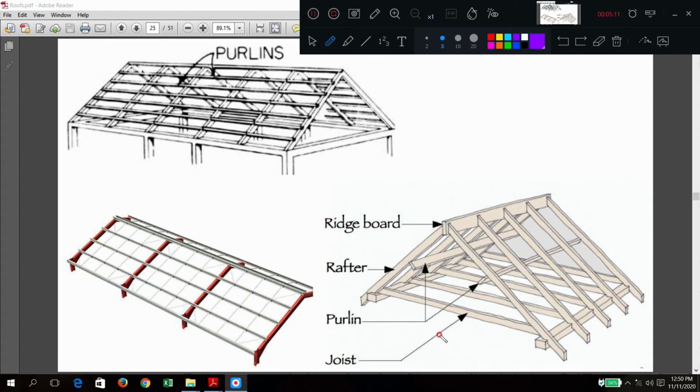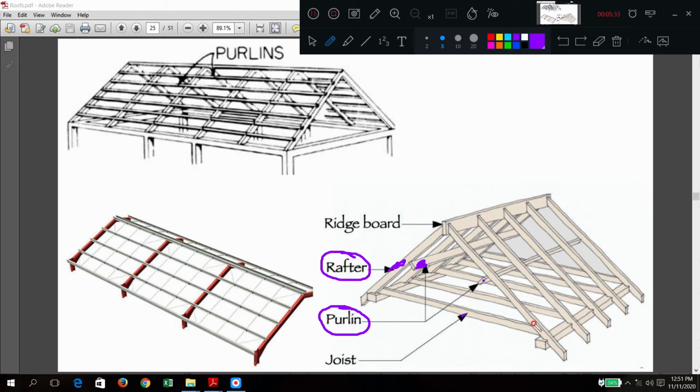Innermost is also called the joist. Concentrate on this diagram. The rafter is fixed on purlins. Purlins are running parallel, like this. What you have just seen is that purlins will support the rafters.